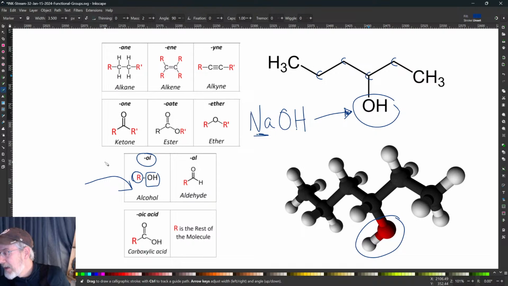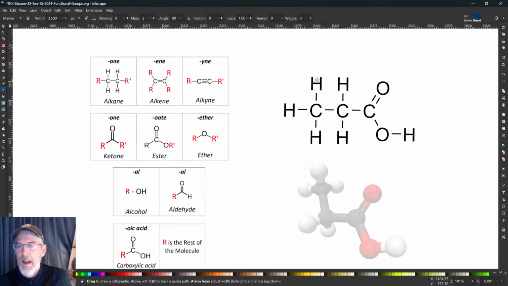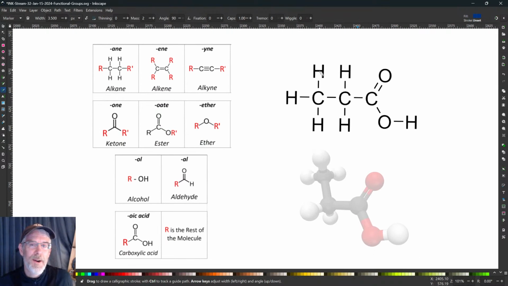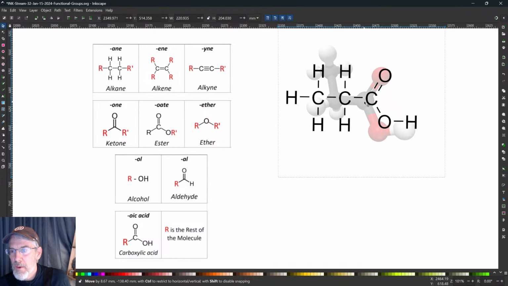All right, let's try another one. That one's not too bad, but you'll see this on a test. They'll say identify the functional group in this compound. This one's a little bit harder. So here's your compound. I'm going to put this right over top of it, kind of like an overlay.